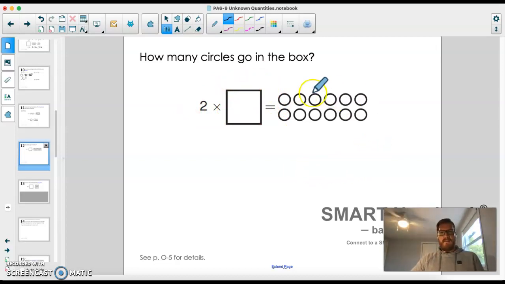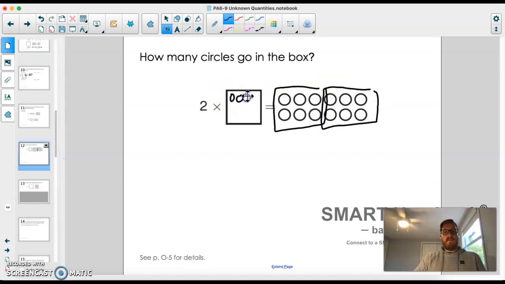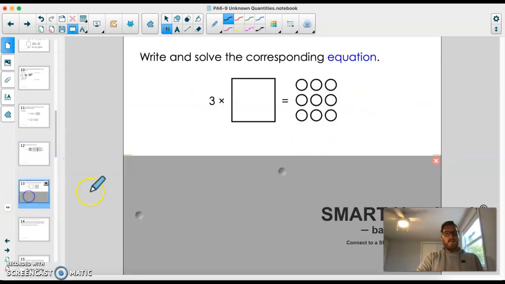Well, if you sort of divvy this up into 2 boxes, like this, sorry for the crossover, that means that you would need 6 in the one box. So 2 times 6 gives us 12. And here we have 3 times an unknown, which ends up giving us 9.